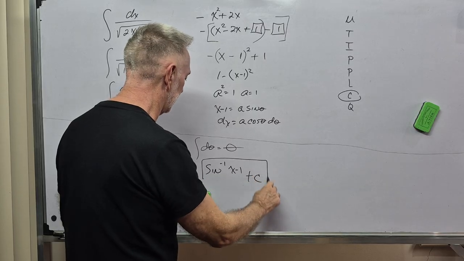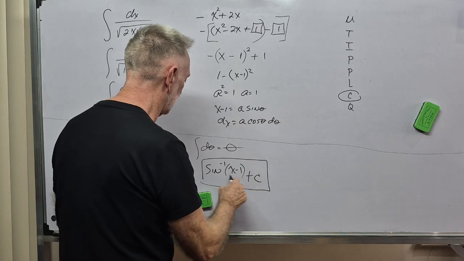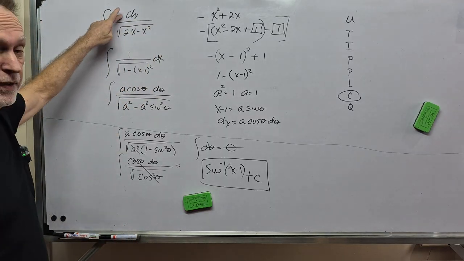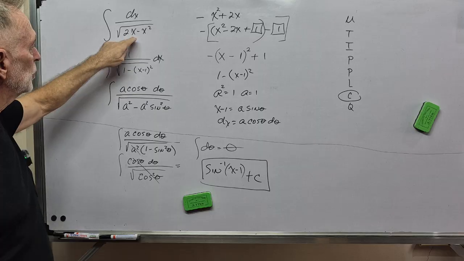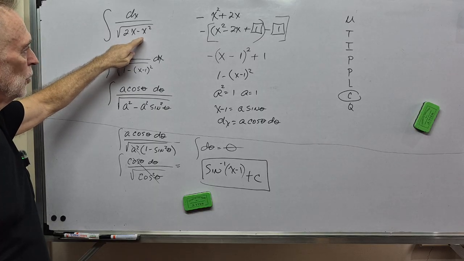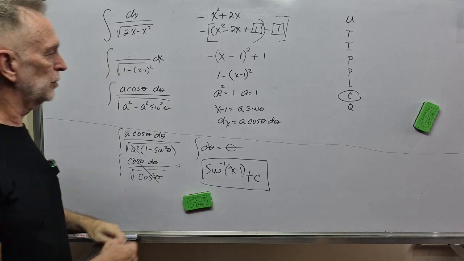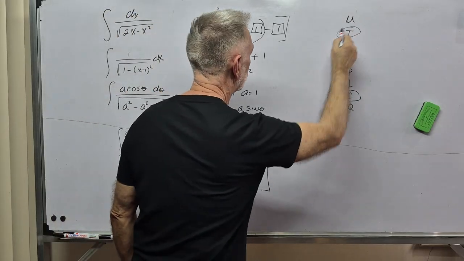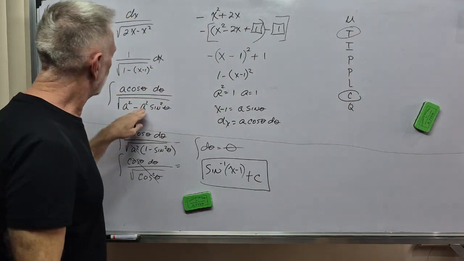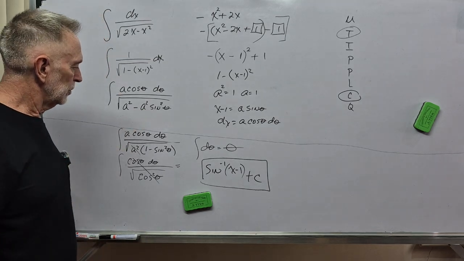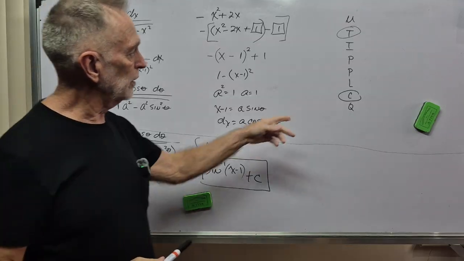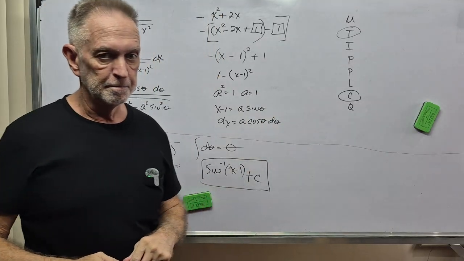So sine inverse of x minus 1, plus c, is the integral of dx over the square root of 2x minus x squared. We used two tools here: completing the square, and then trig sub. So that's a simple problem showing how to use completing the square and trig sub.